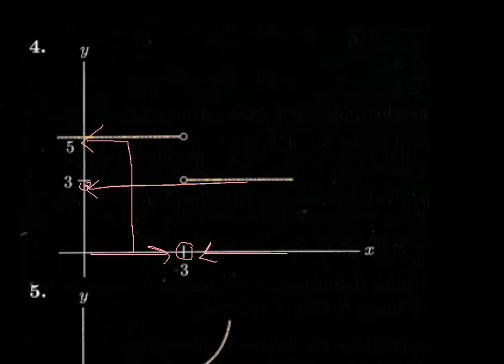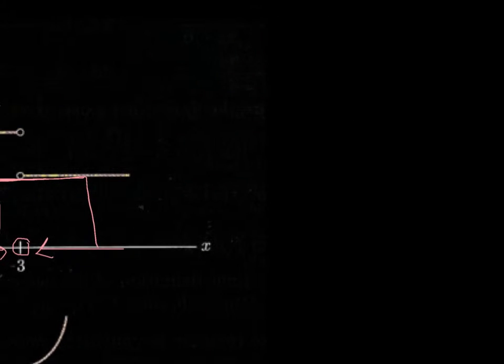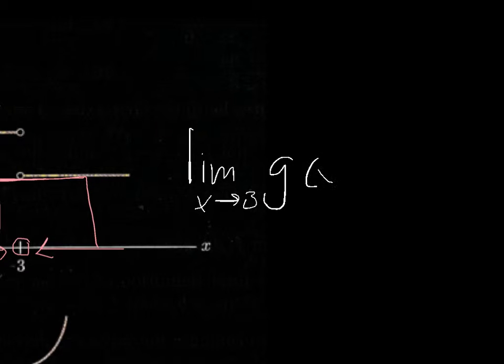So from the left-hand side, you approach 5, and from the right-hand side, you approach 3. So we have the limit as x approaches 3 of g of x does not exist, because it's not the same from both sides.